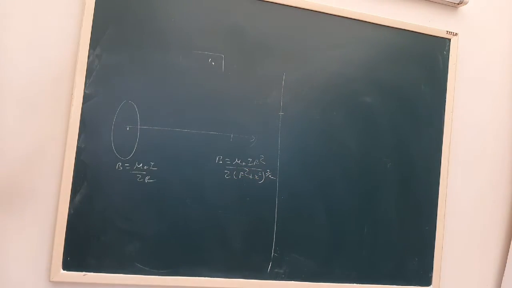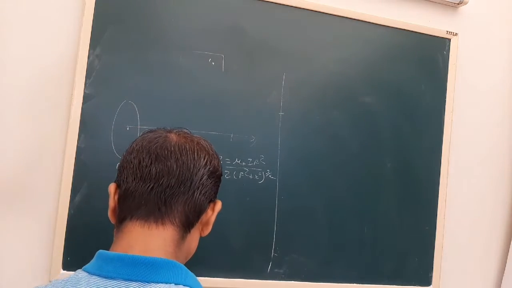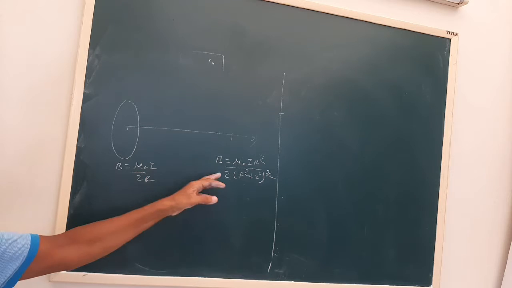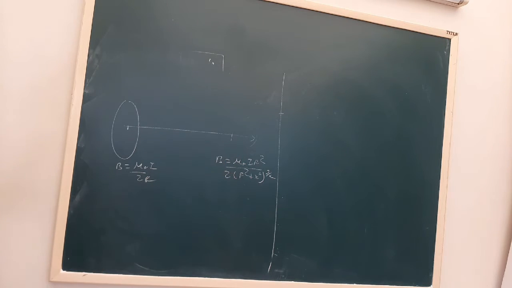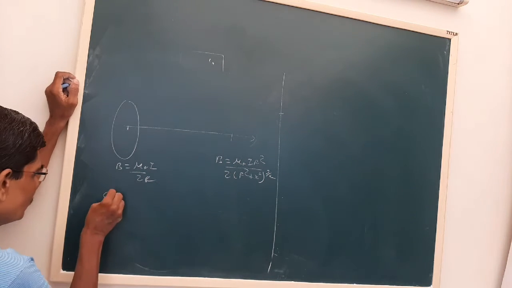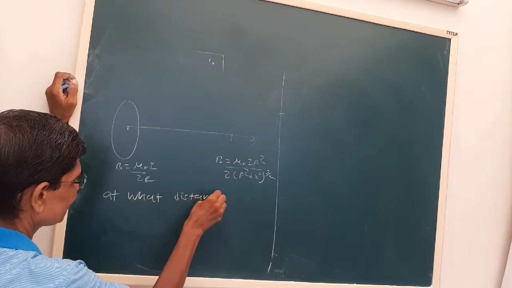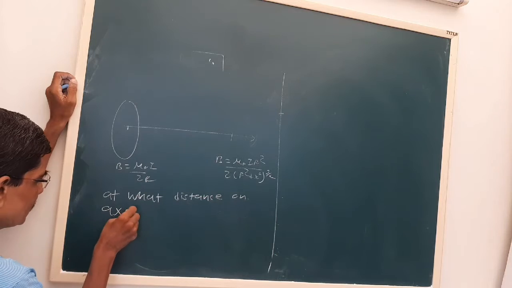Okay, what we see here is that the denominator part is larger, so here the magnetic field is less. Now see our question: at what distance on the axis of the ring?